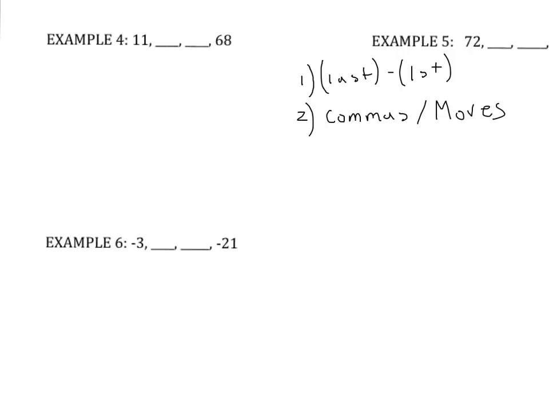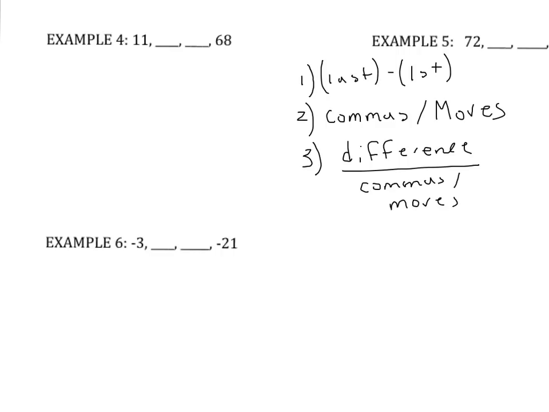Count the number of commas or moves. Third, I want you to divide difference divided by commas / moves. And then fourth, I want you to fill in your numbers. Go ahead and pause the video if you need to. Take a little bit of extra time to write things down.